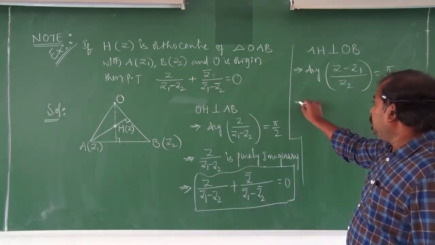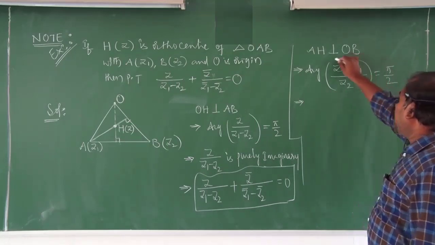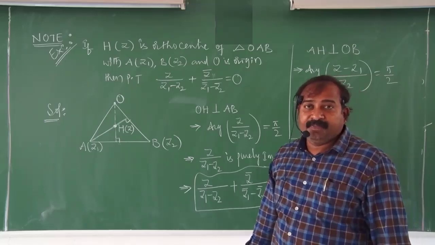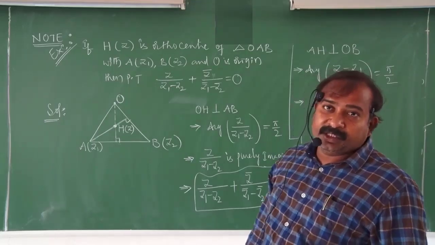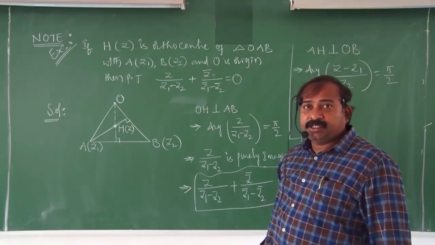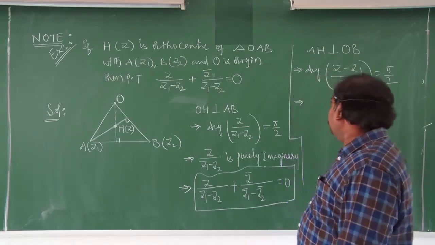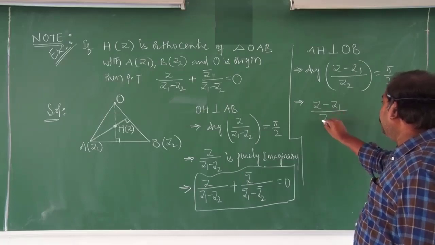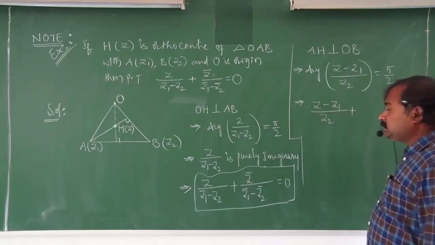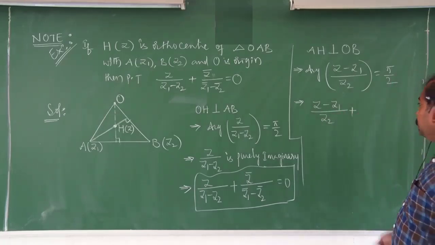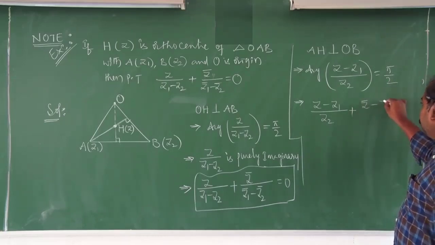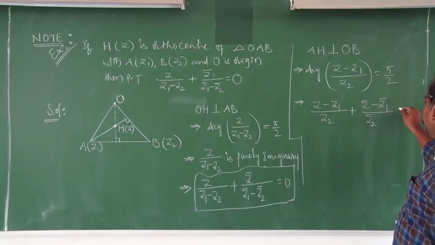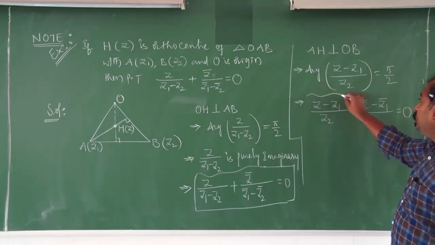Same here also. Since the argument is pi by 2, the complex number is purely imaginary, and purely imaginary means the complex number plus its conjugate equals 0. So here I get the condition: z minus z1 by z2 plus its conjugate, z conjugate minus z1 conjugate by z2 conjugate, is equal to 0.